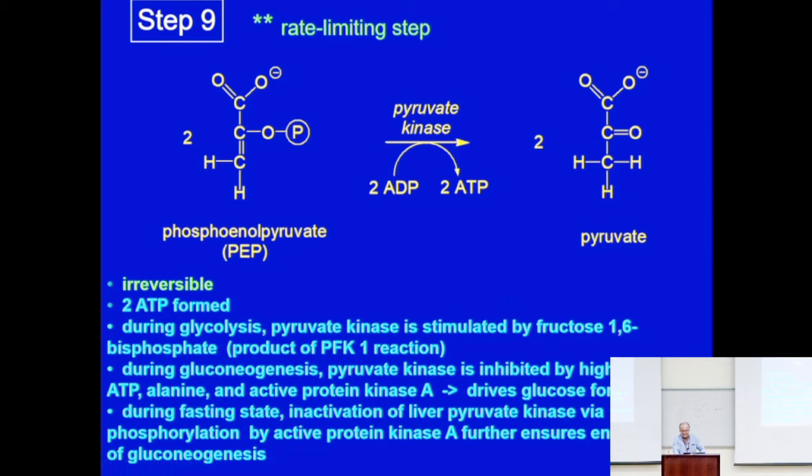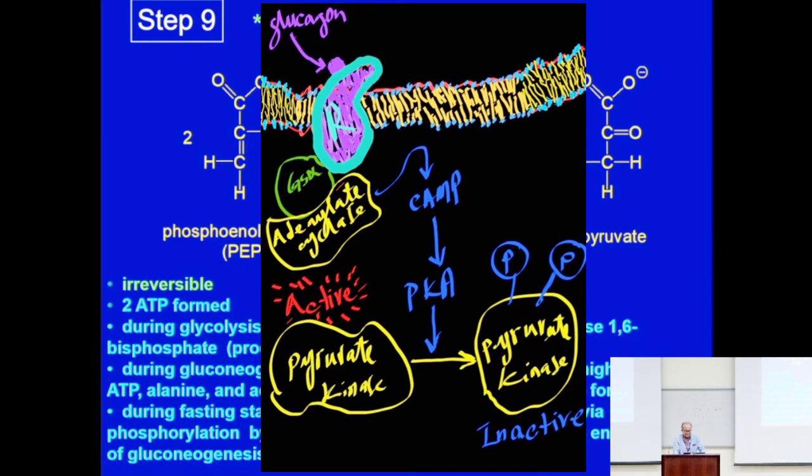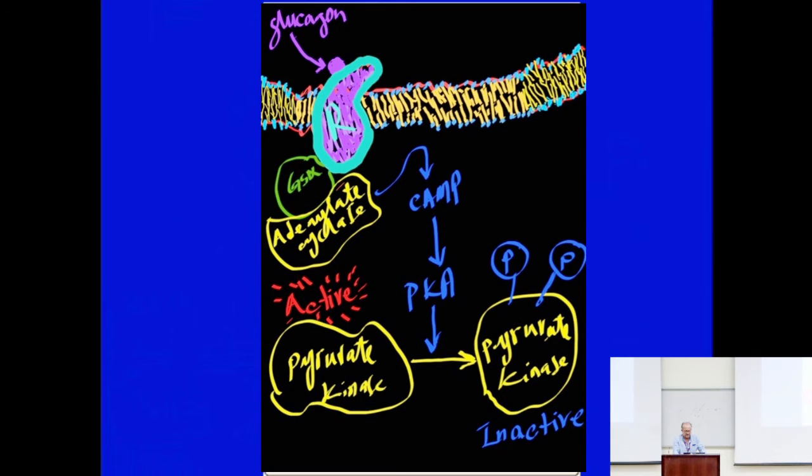And thirdly, this enzyme is regulated by hormones. Okay, and I'm gonna explain that to you here. This is pyruvate kinase. I hope you appreciate why we spent time on these covalent modification, allosteric. This is all about that. So this is the active form of pyruvate kinase.